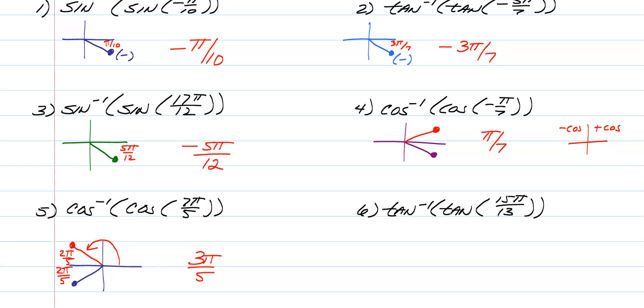And finally, the last one, we have the inverse tangent of tangent of 15 pi over 13, which again is going to put us in quadrant 3. If this is 13 over 13, then our reference angle is going to be 2 pi over 13. And now we need to discuss, where is tangent positive? So over here, remember, tangent is positive in quadrant 1.